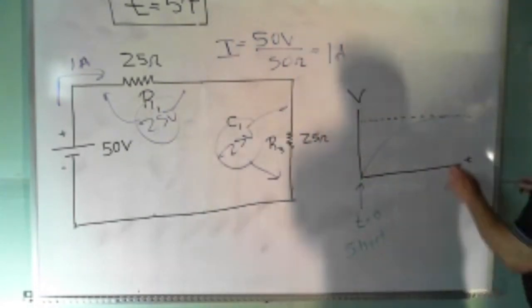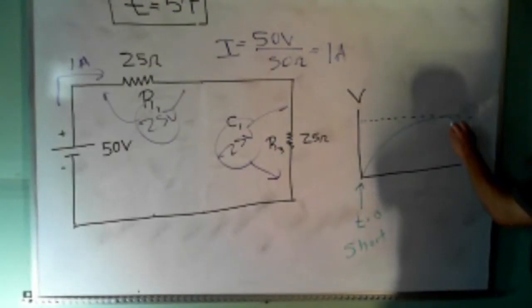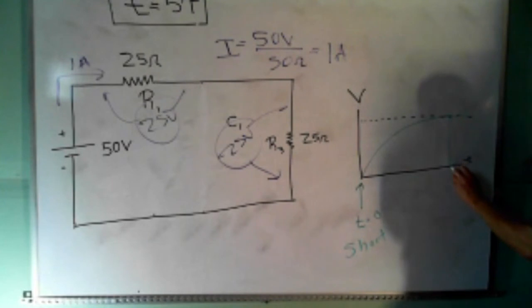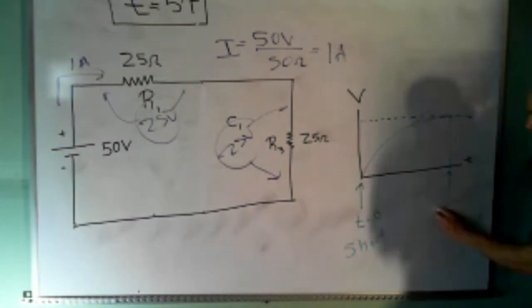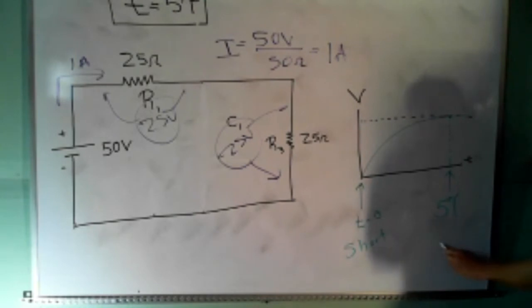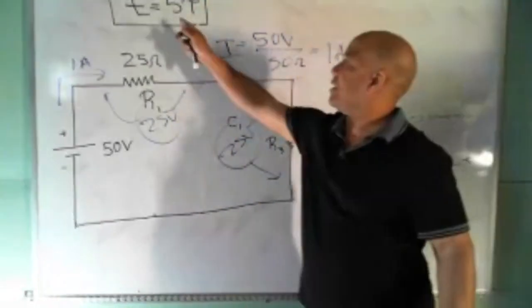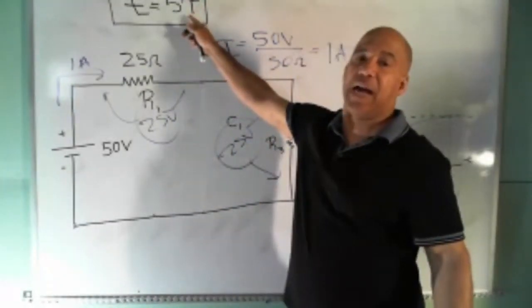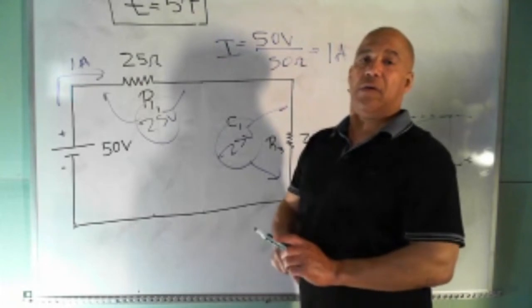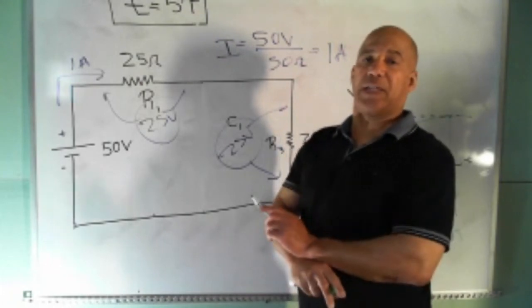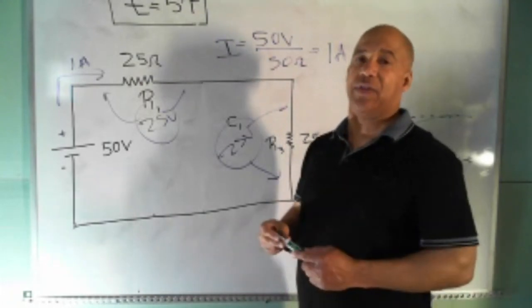If I say look at it right here where it's fully charged, that's going to happen at 5 time constants or greater. In this case, that capacitor is going to act like an open circuit. If I say do your analysis and the time is t equals 5 time constants or greater, you're going to take each capacitor and replace it with an open circuit. Take each capacitor out of the circuit.